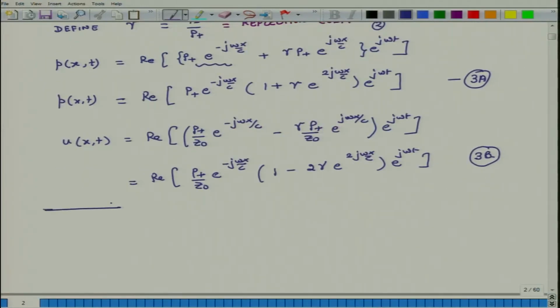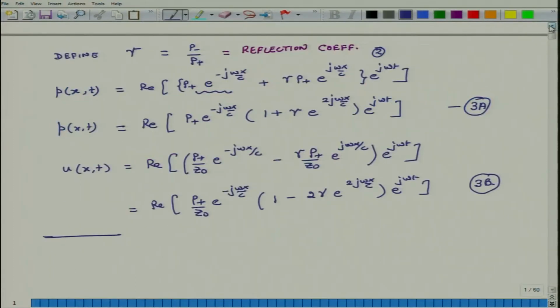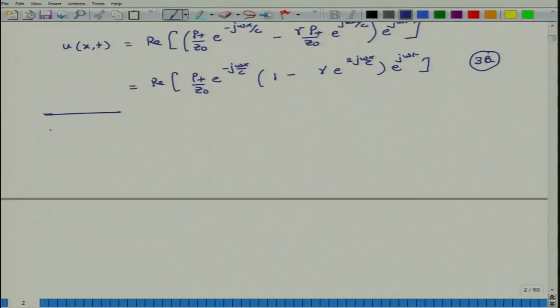Once we have done this mathematics, we use the boundary condition. What is the boundary condition in this apparatus? At x equal to 0, the impedance of the system is ZL, which we do not know, it is some number. So, at x equal to 0, we will evaluate the pressure and velocity.